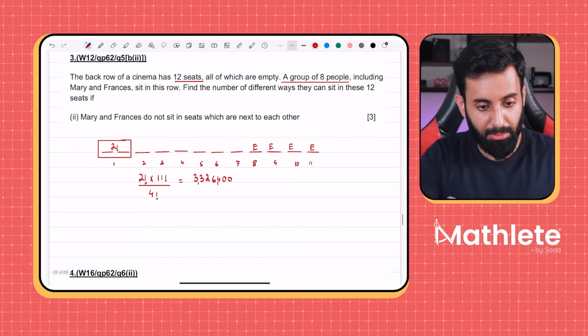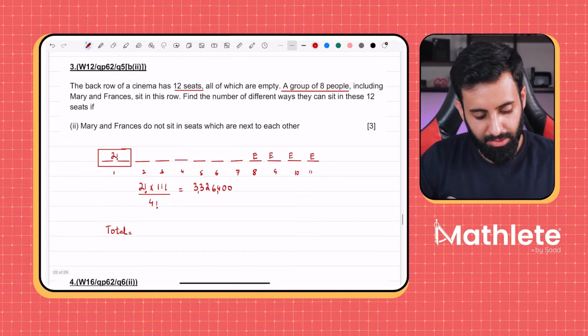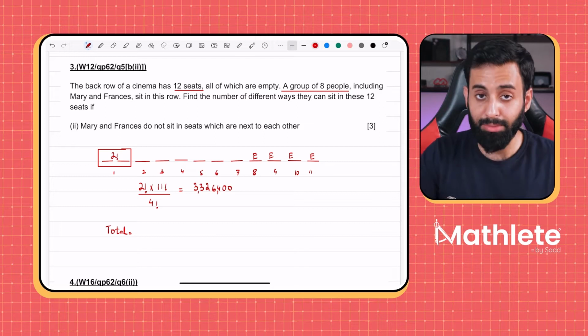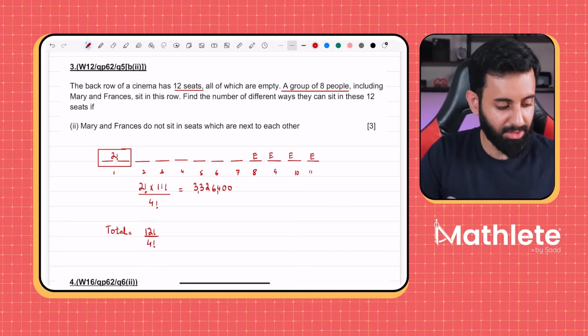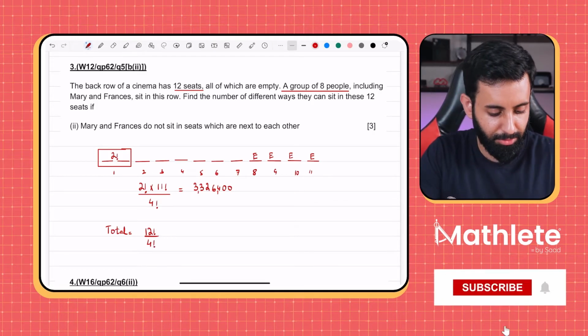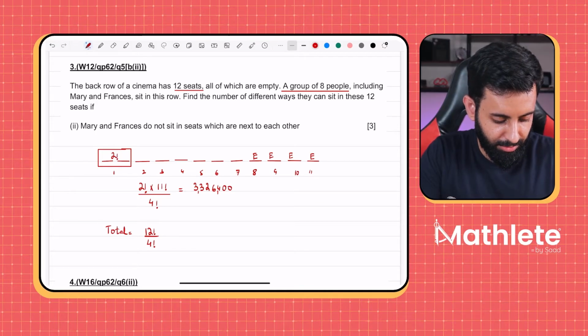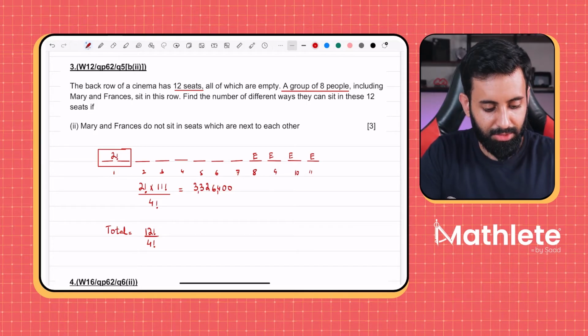Now we want to find out the number of ways that they are not together. So how do we do that? So we find out the total. Now, how many ways can you arrange 8 people in 12 seats? So the way that we will do that is 12 factorial, but remember, there are 4 empty seats which are identical, so we'll divide by 4 factorial. So 12 factorial divided by 4 factorial minus the last answer that we worked out.